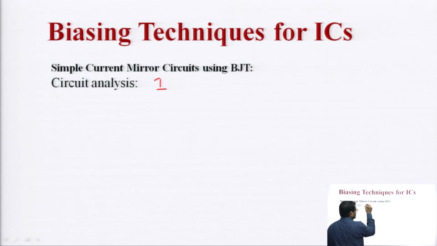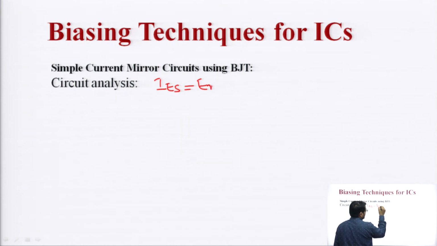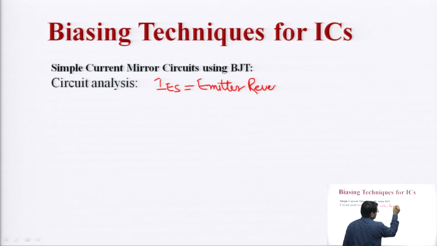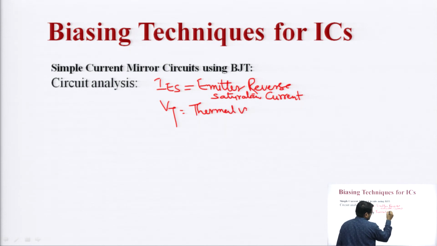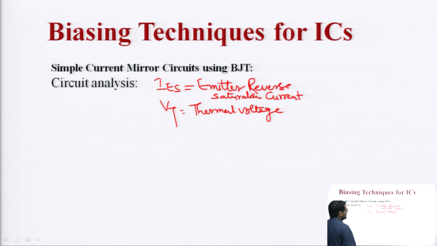Here IES is the emitter reverse saturation current, and VT is the thermal voltage.